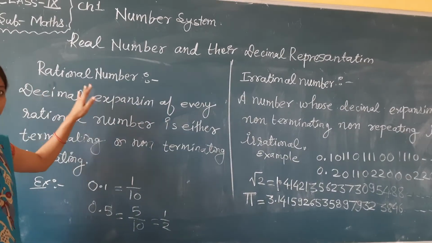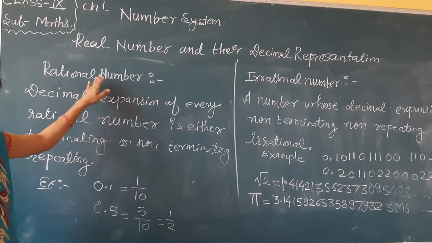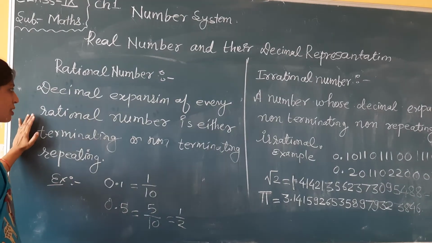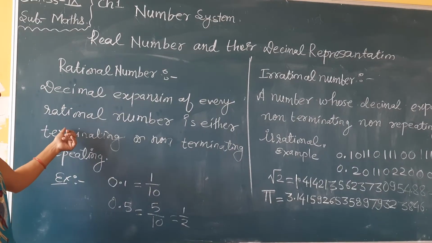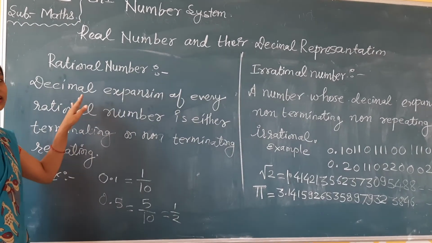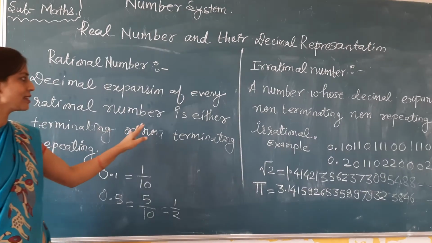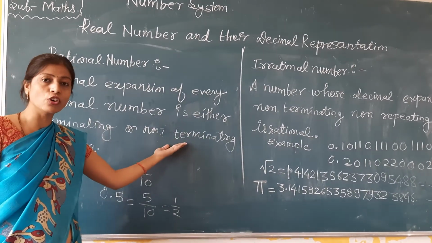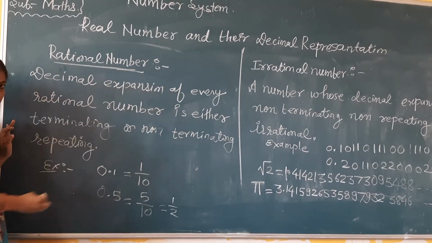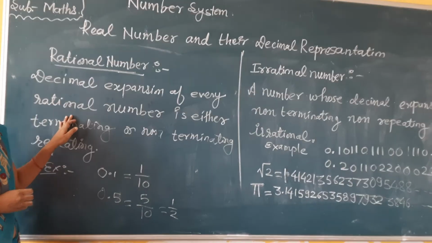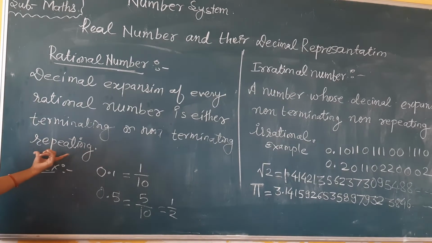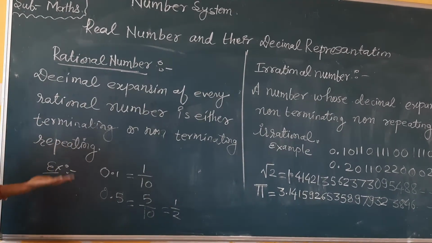So on the basis of decimal representation, the decimal representation of a rational number is either terminating or non-terminating repeating. Means digits repeat only.